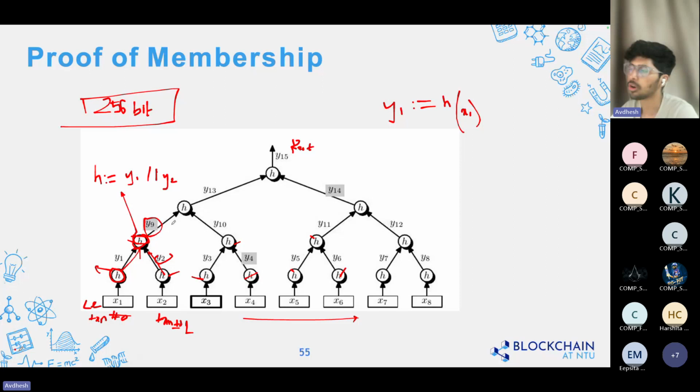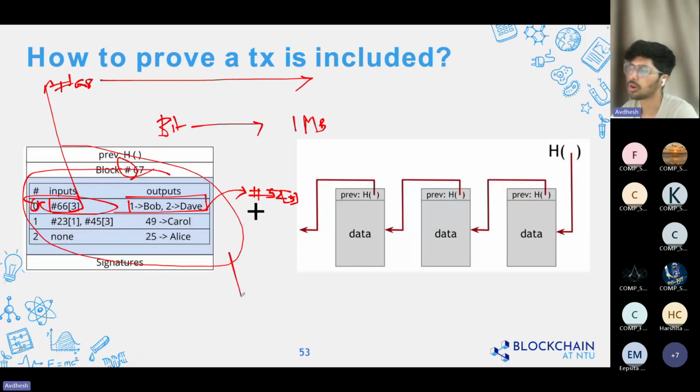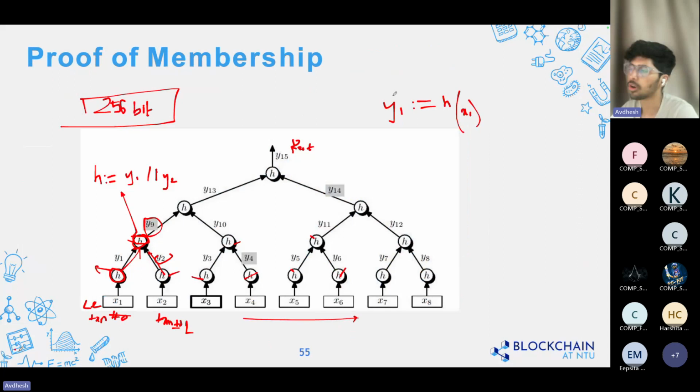This is how all the transactions you see here get converted into just one 256-bit output.